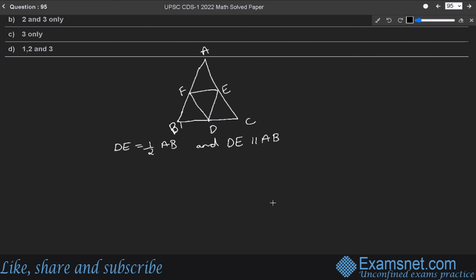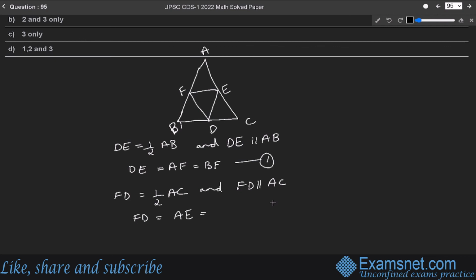So we can write that DE is equal to AF is equal to BF. Let this be equation number 1. Similarly, we can write FD is equal to half of AC and FD is parallel to AC. Therefore, FD will be equal to AE is equal to EC. Let this be equation number 2.